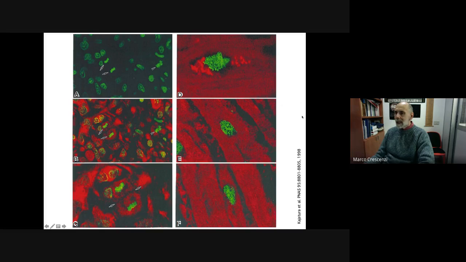Now, why has this not been noticed for a long time? Why have scientists considered cardiomyocytes as terminally differentiated cells? Well, simply because they divide very, very infrequently.